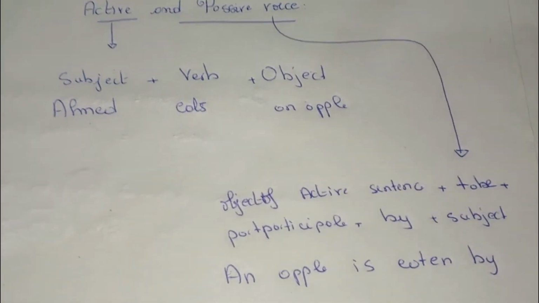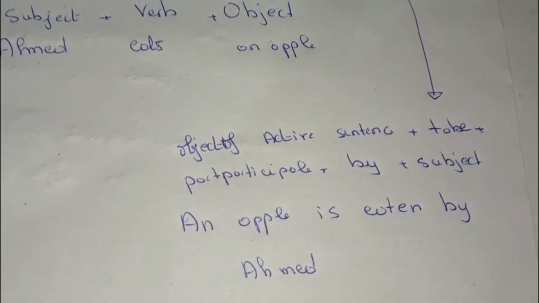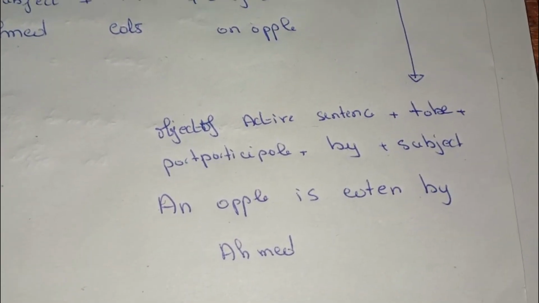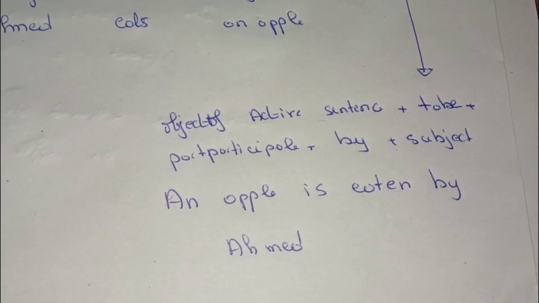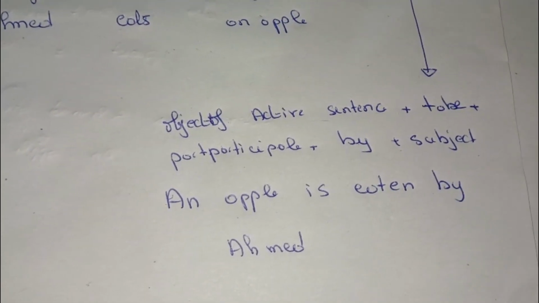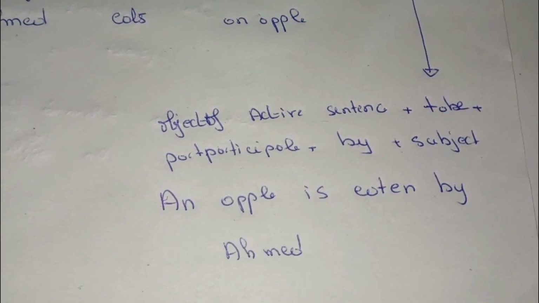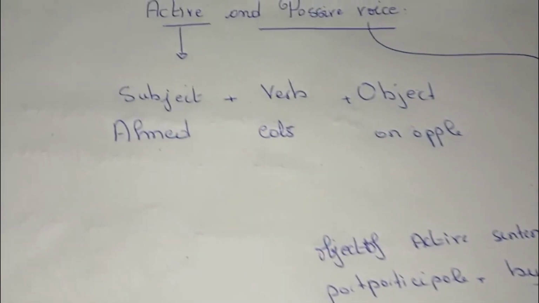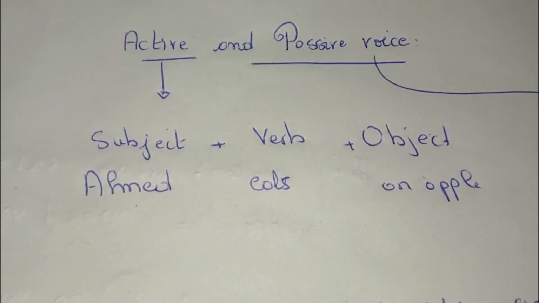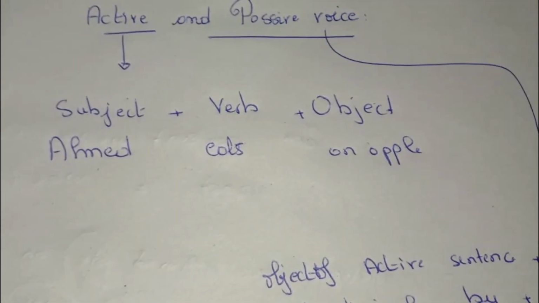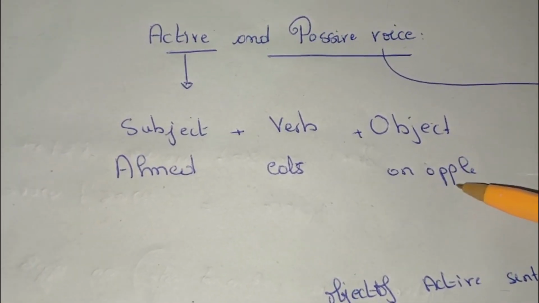But in the passive voice, we start with the object plus to be plus past participle plus by and the subject. An apple is eaten by Ahmed. You know, the difference here is in the active voice we start with the subject plus verb plus object, but in the passive voice we always start with the object.